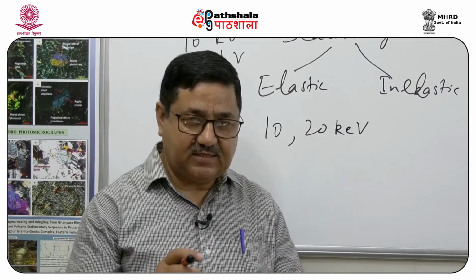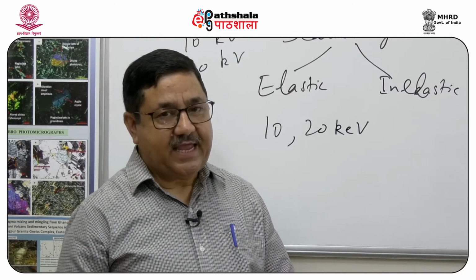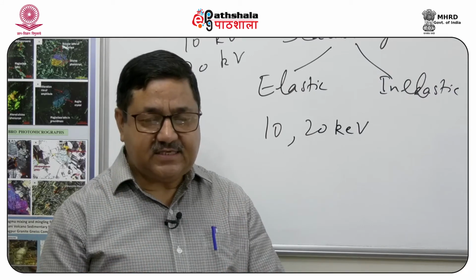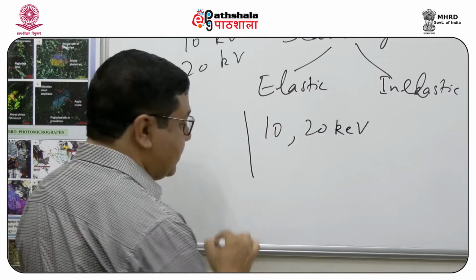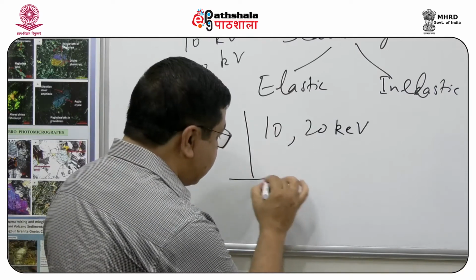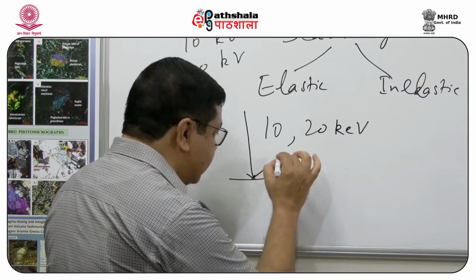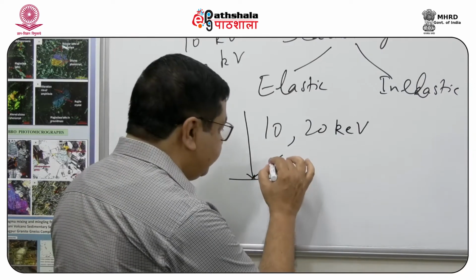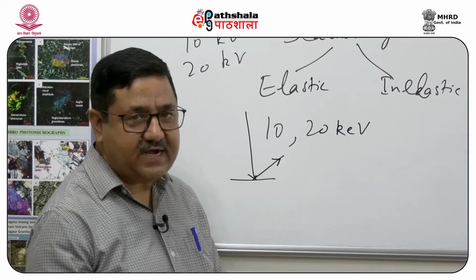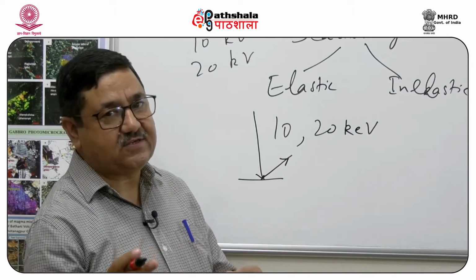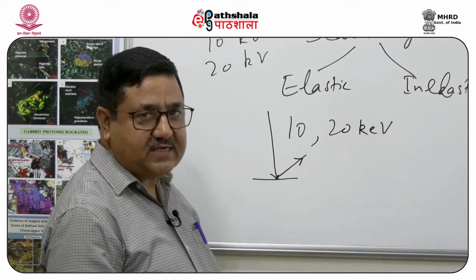Now, if this beam interacts with any matter and the direction of incidence is changed, for example, if the beam is coming like this, interacting with matter, and the direction changes and the electron moves in a different direction, that means there is a significant change of direction, but there is no significant loss of energy.